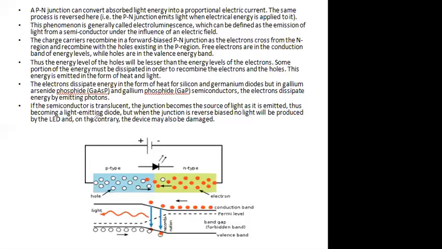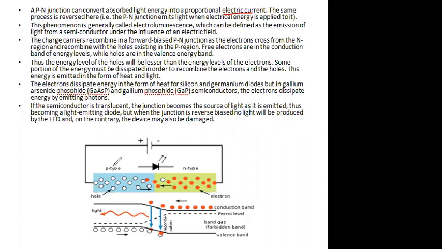A PN junction can convert absorbed light energy into proportional electric current. The same process is reversed here, that is, a PN junction emits light when electrical energy is applied to it. Electric energy is applied to a PN junction diode and then the diode emits light.